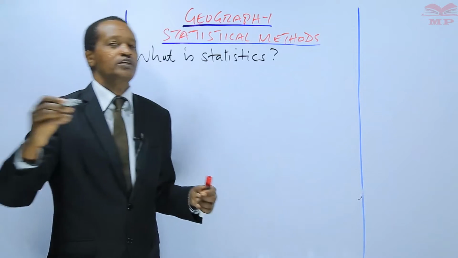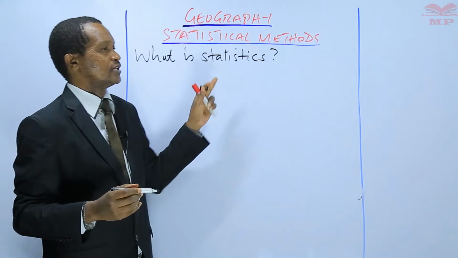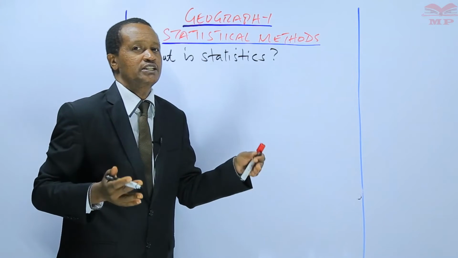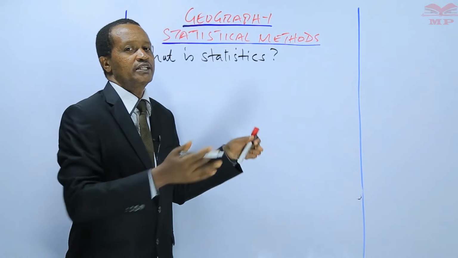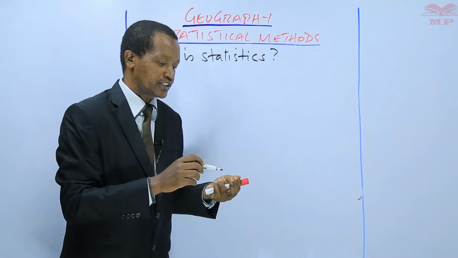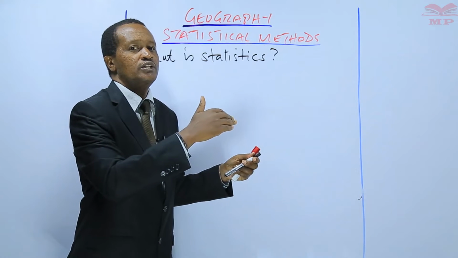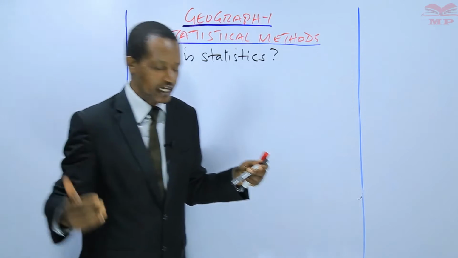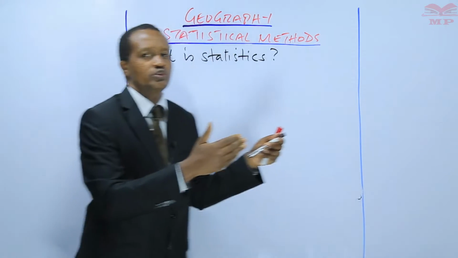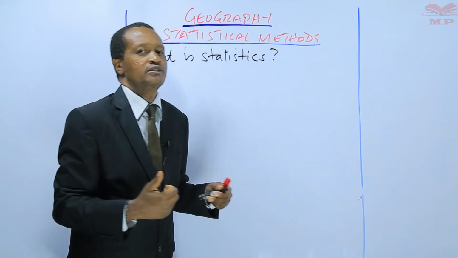The meaning of statistics. Now, learners, the term statistics comes from the Latin word statis, which means estate. Because in historical times, information on taxes collected, information on the population size and the amount of money spent by the state was stated in form of statistics.